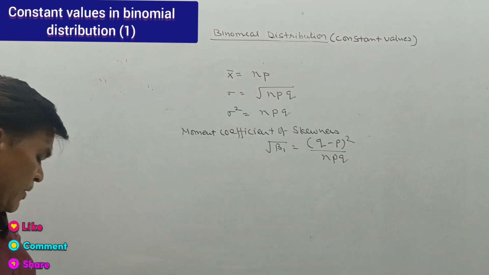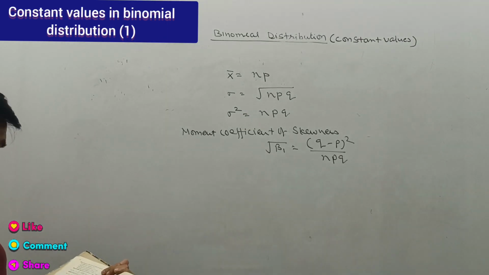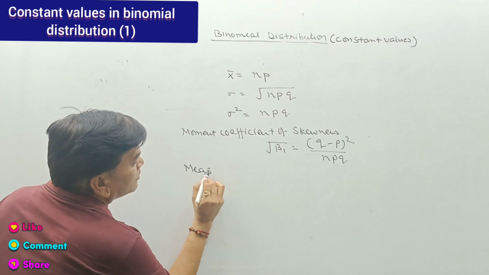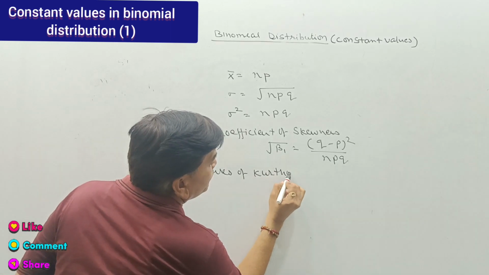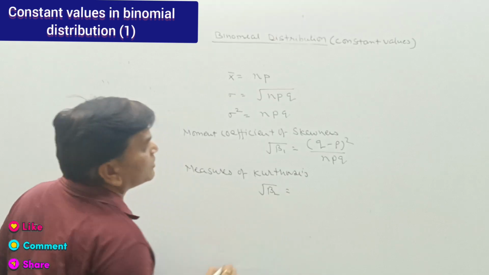And the last one is the measure of kurtosis, which is called beta 2.